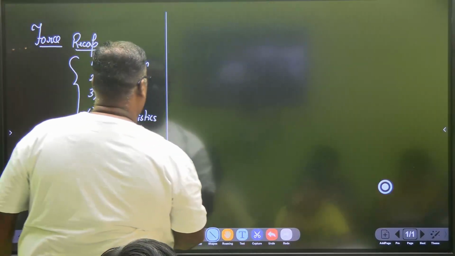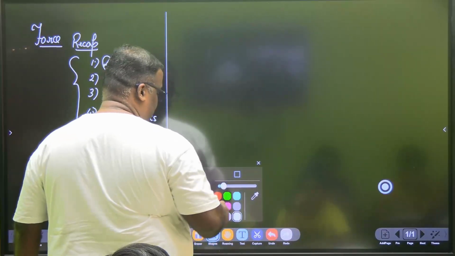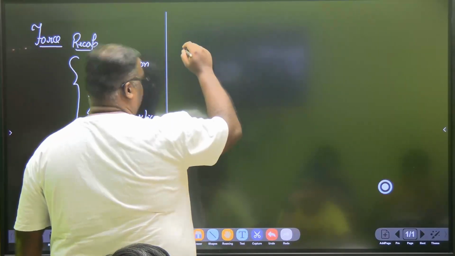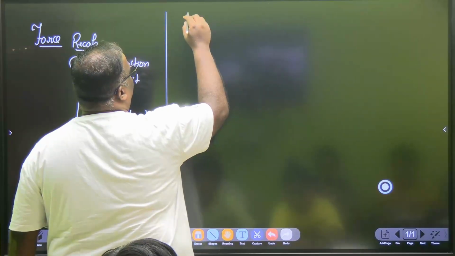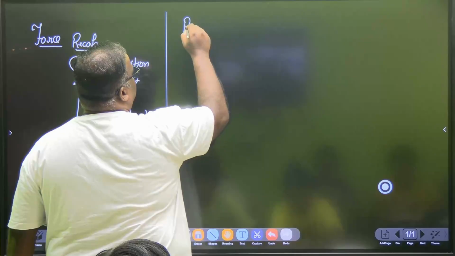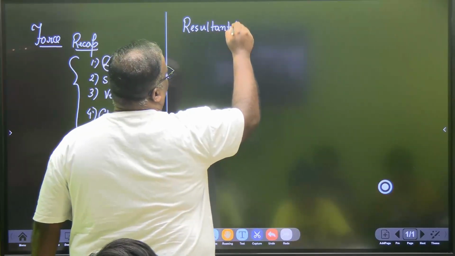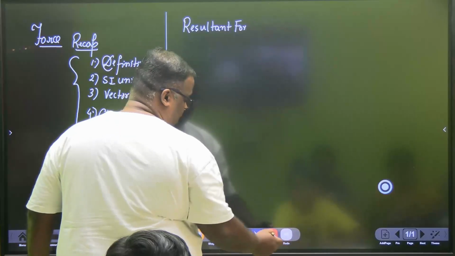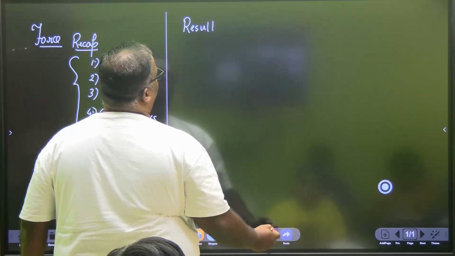So today we will talk a little bit about a higher level, but we will try to understand. We'll first study what happens to what we call resultant force. Or we'll say not resultant, it is a higher level word which we use in grade 11.